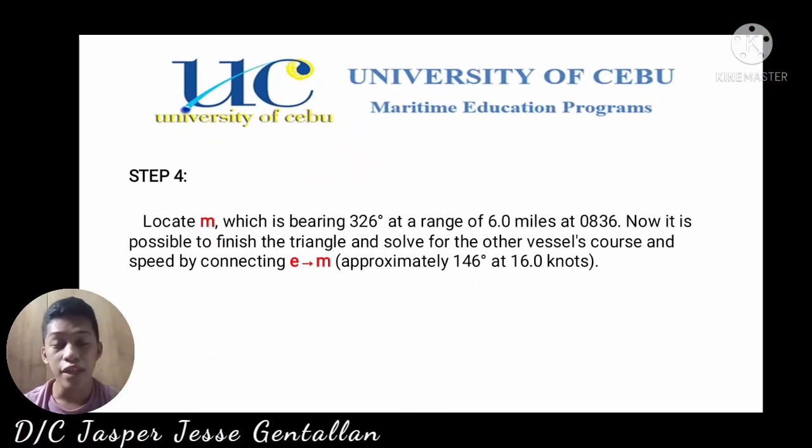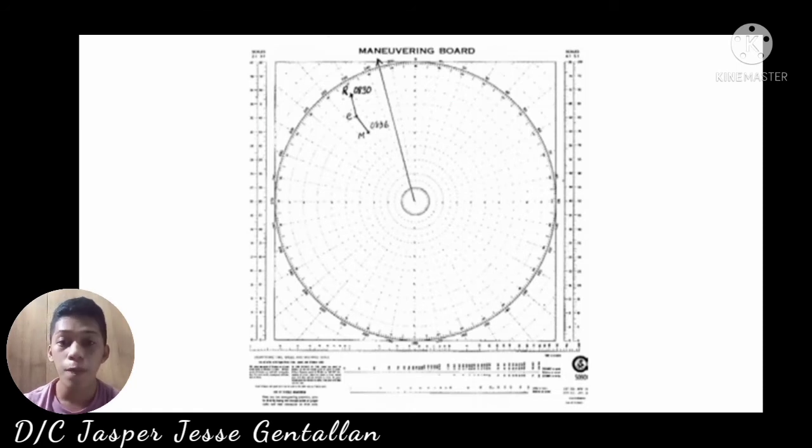Step number 4 is to locate M, which is bearing 326 degrees at a range of 6.0 miles at 0836 hours. This is the second observed location of our contact. After 6 minutes from the first observed location, the contact had reached a range of 6.0 miles at 326 degrees.